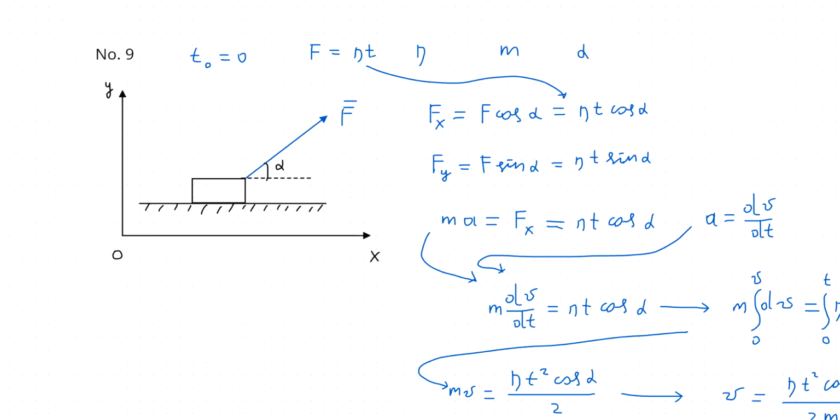Let me find in English. Friction force maybe? No, plane is smooth, so there is no friction. If there's no friction, there is only one force. So it's fx just. Am I right?